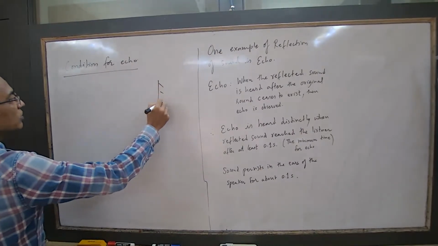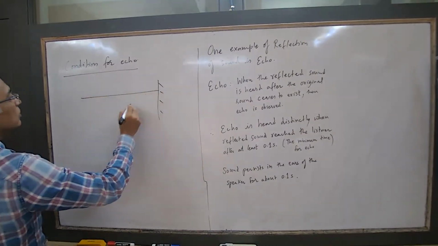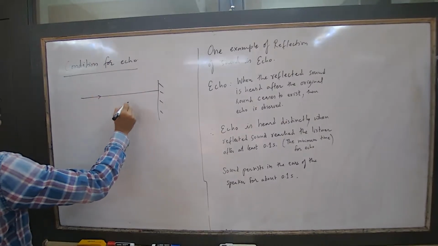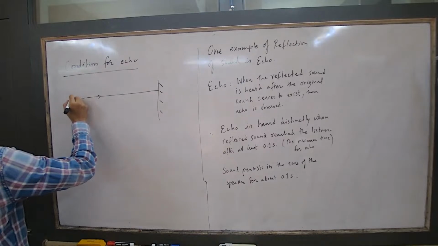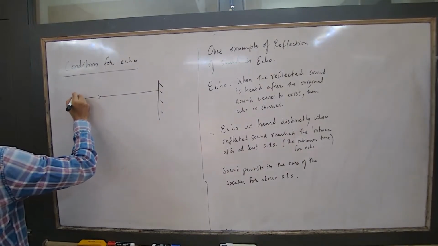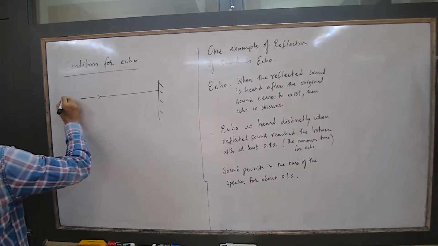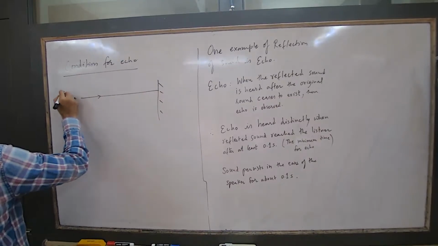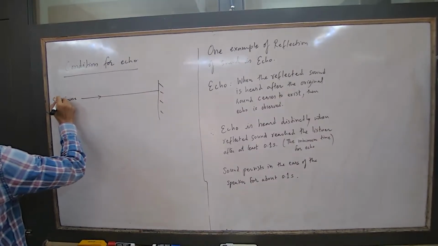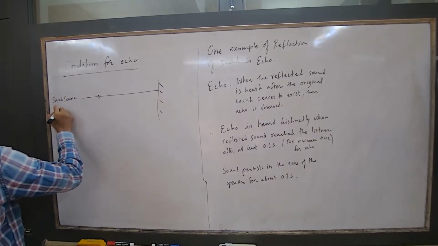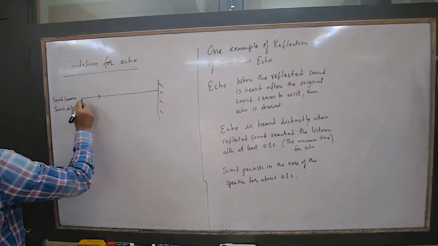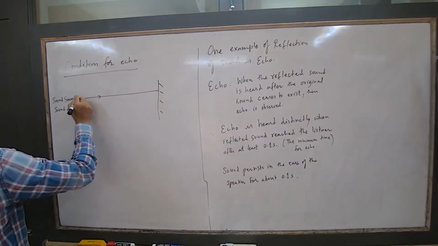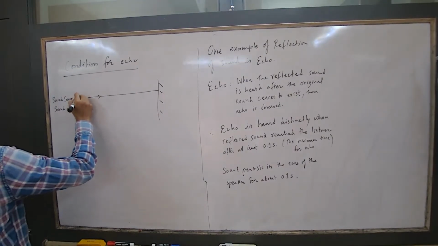Suppose this is the reflector of sound. This is the incident wave. Some speaker is here. So speaker and source, sound source. And here you have sound detector. Okay, so this could be ear, this could be mouth.